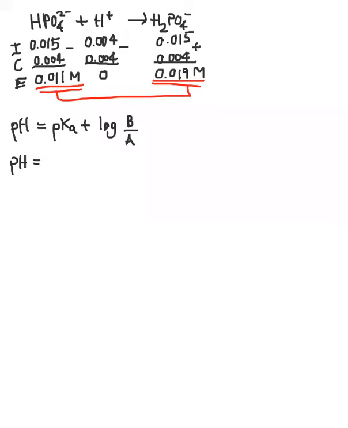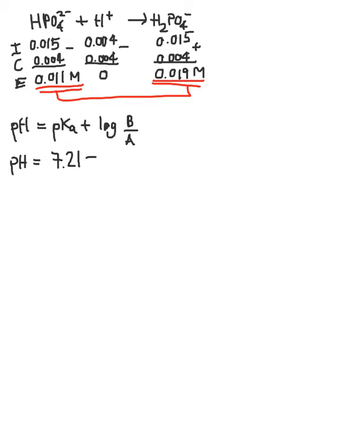So use the Henderson-Hasselbalch equation to calculate the new pH here. The pKa that we use in this equation would still be 7.21 or 7.2, because it's the closest to what we are talking about.